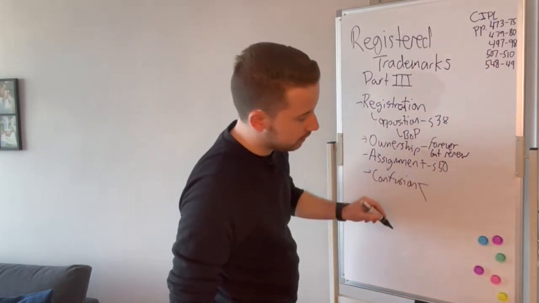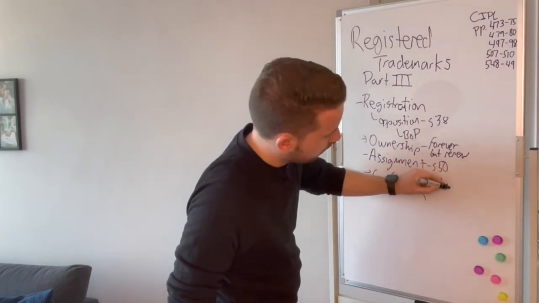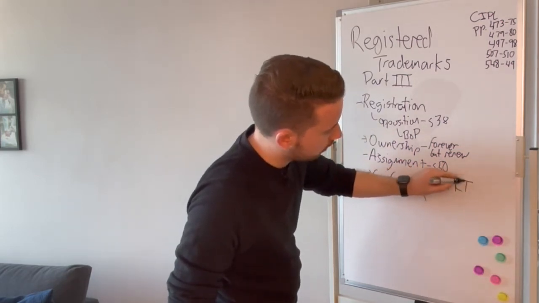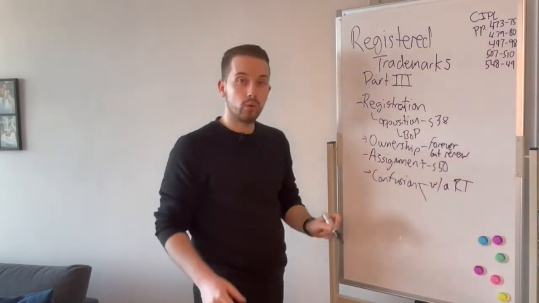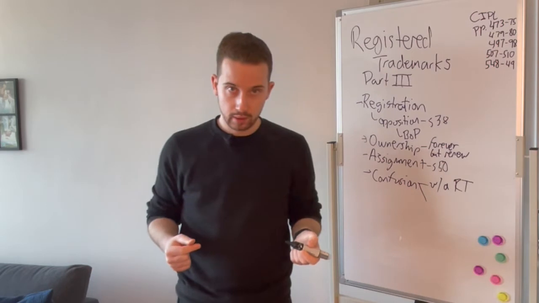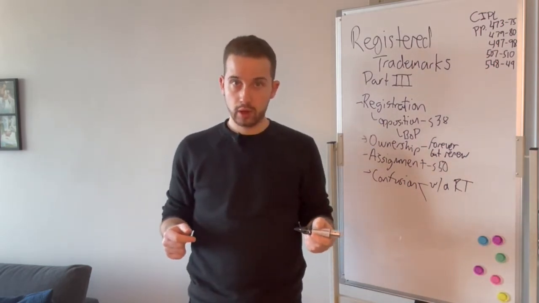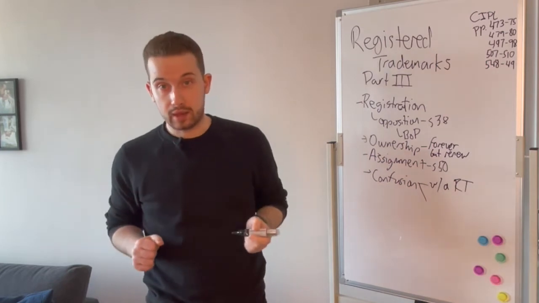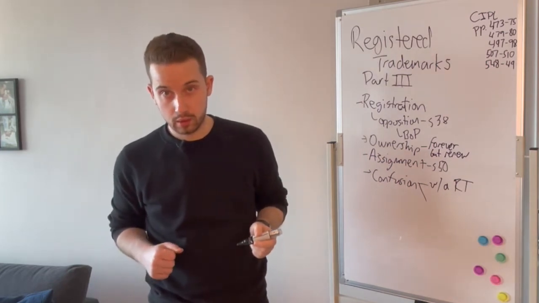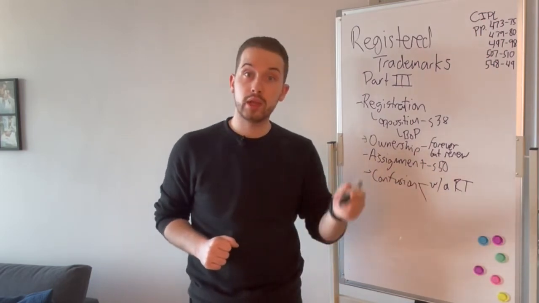And there are two things about confusion, right? As I said, it can be confusion with a registered trademark. So when you try to get registration, you come in, and as we said, the government looks at whether you meet the conditions. Well, one of these conditions is that it cannot be confusing with an existing trademark.